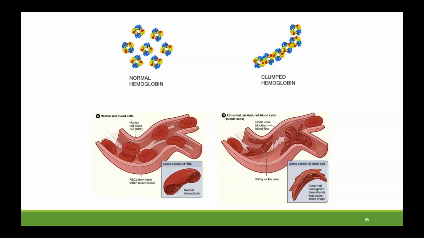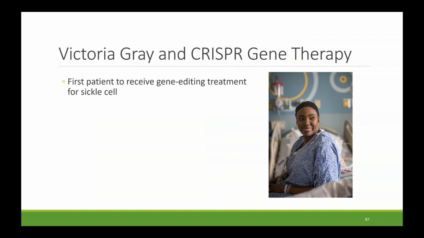But what if doctors could rewrite your DNA and correct that mutation? This is what happened for Victoria Gray. Gray was the first patient ever to receive gene editing treatment for her sickle cell. To understand how this works, you first need to know that our red blood cells are created from the cells of our bone marrow.